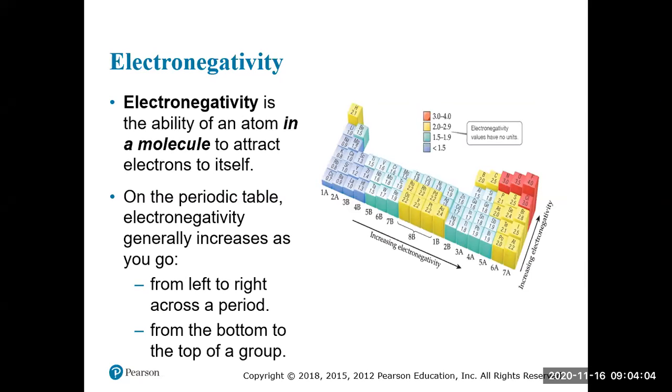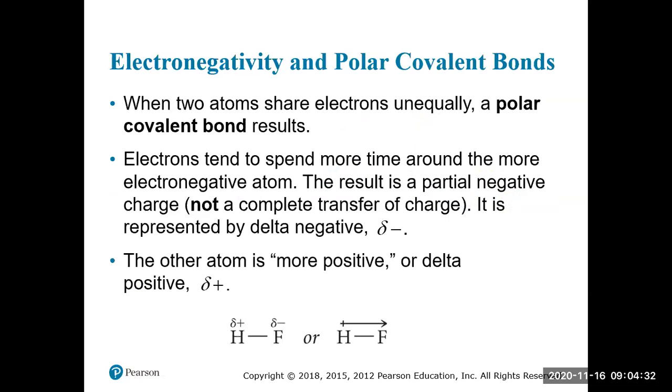If we look at those values, hydrogen's 2.1, carbon's 2.5. So those are about the same. You don't have a big difference there to shift the sharing of the electrons from one to the other. But when you get up to nitrogen, oxygen, fluorine, and chlorine, of course, those are the ones where you start seeing more polarity differences.